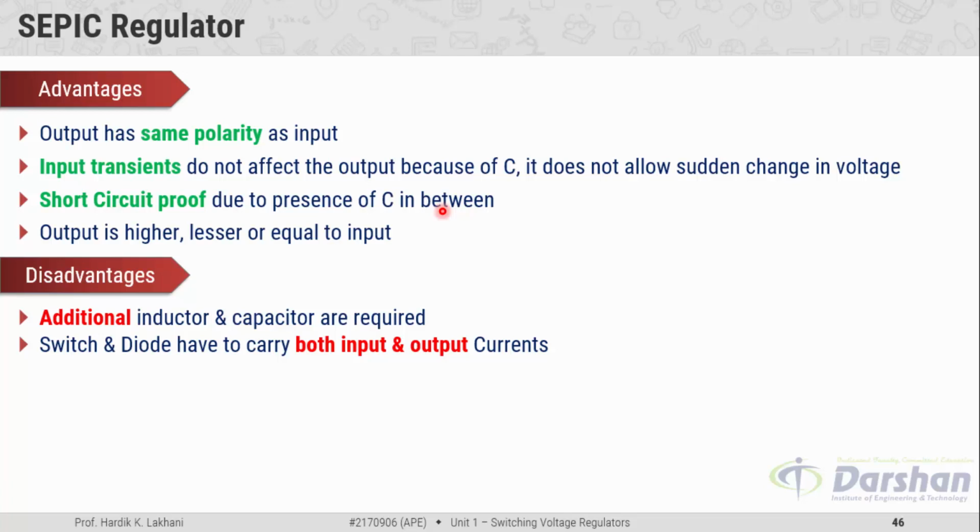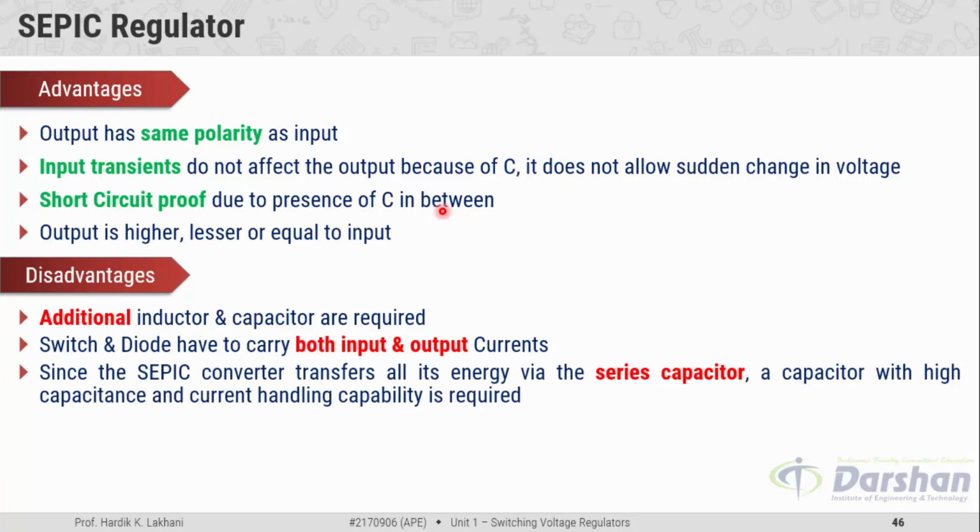The first current is IL1 and the second current is ICS. And in the second interval, the diode has to carry the current IL1 and current IL2. So both of these semiconductor devices have to carry two currents. As far as the current rating is concerned, the current rating of the switch and the diode should be higher.